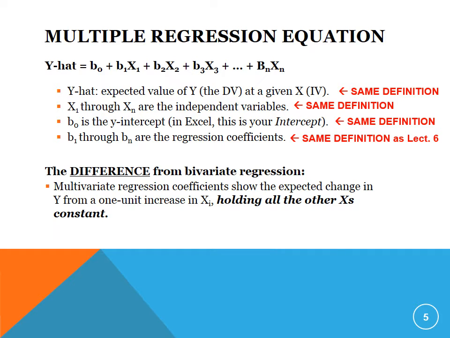Here we're holding all the other x's constant. So when we do our interpretation, the only difference here is that we're saying that once we've controlled for all the other things in this model, we can say what we say with that regression coefficient. And that sounds very vague, but we will get into specific examples moving forward.